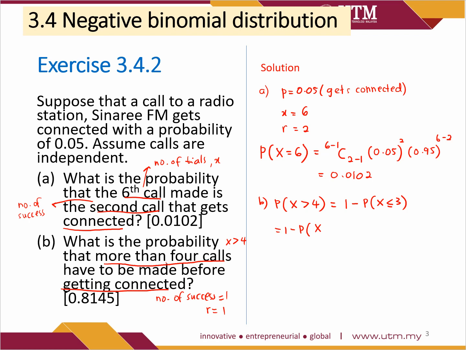To find X less than or equal to 3, we have to find the probabilities when X equals 0, X equals 1, X equals 2, and X equals 3. You need to find all of these values.